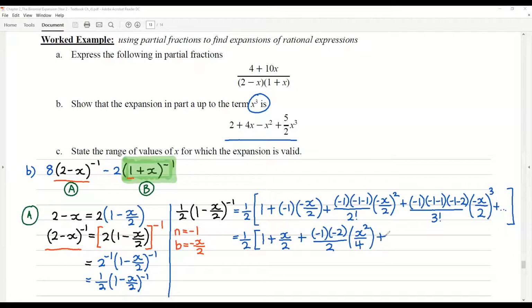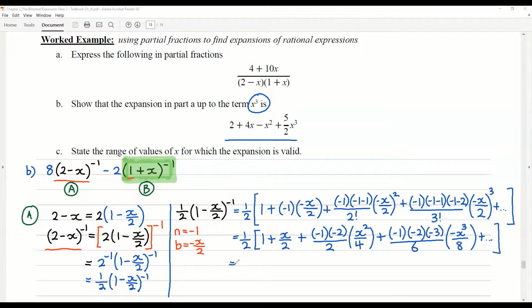Then add -1 multiplied by -2 multiplied by -3 over 3 factorial, which is 6. And then multiply all that by -x over 2 cubed. So that's going to be -x cubed because there'll be 3 negatives creeping into that if you expand it all out. And then 2 cubed is, of course, 8. Close your bracket and then add some more terms, but they're not necessary today.